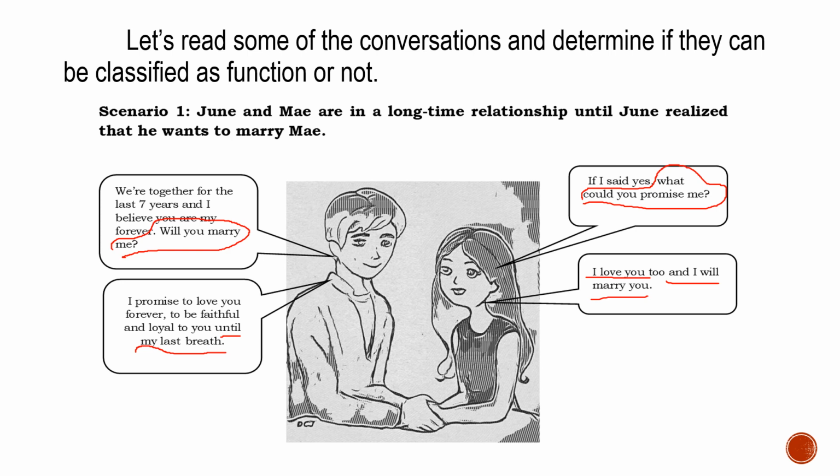So we assume that June and May are Christians, wherein they will be together up to the last second of their life. So that will be a one-to-one relationship between June and May. When June asked May, and May replied yes, that will be a one-to-one relationship.